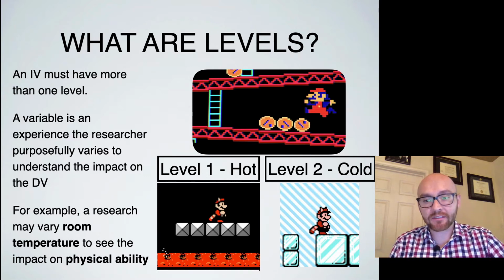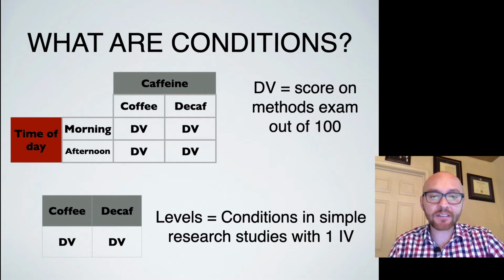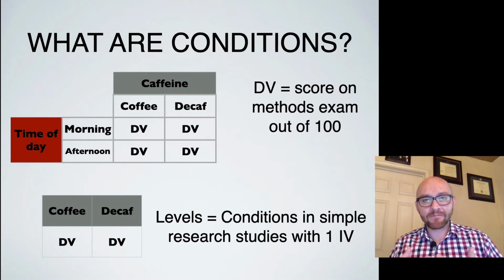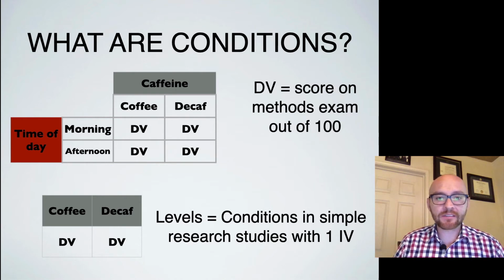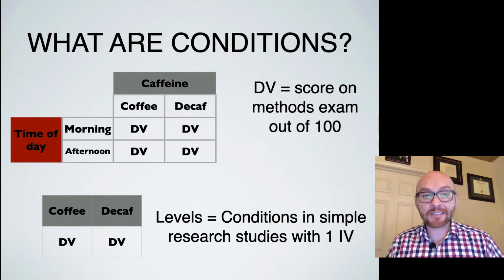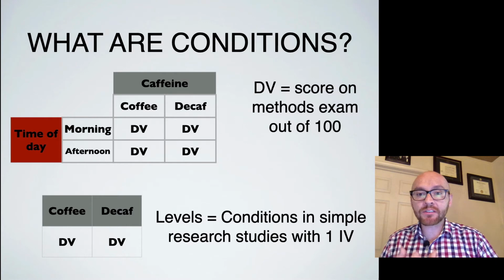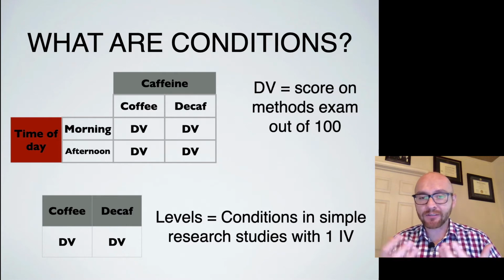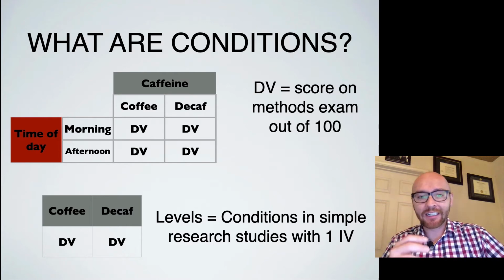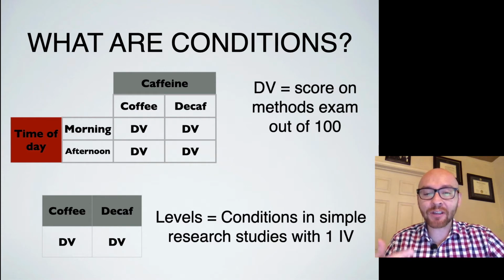It's different from conditions. For conditions, we're actually referring to the possible situations your participants can participate in, the situations you created in your study, right? I'm trying to avoid saying conditions. It's very hard. So it's the conditions you have in your study design. Now, it's not the same thing as levels.